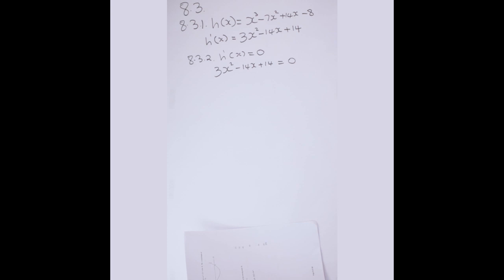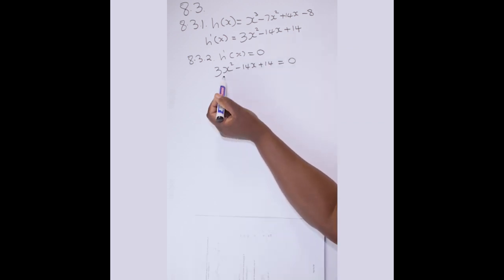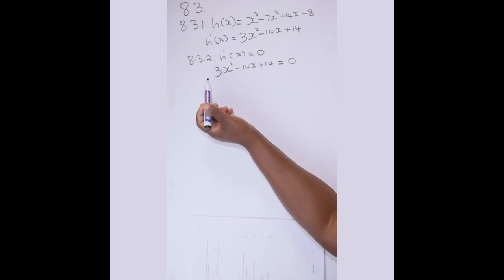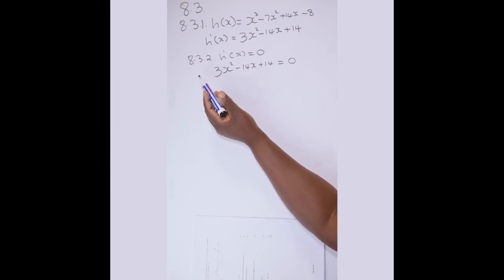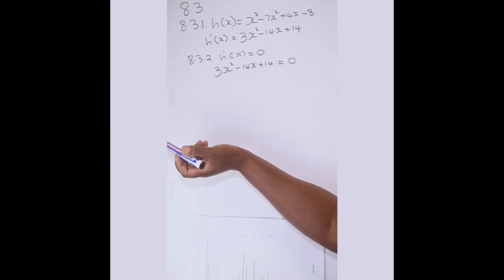If we factorize this part, it will be between 7 and 2. If you say 3 multiplied by 7 gives you 21, and minus 2, it gives you 19, not what we need.